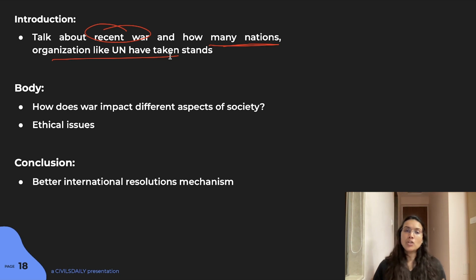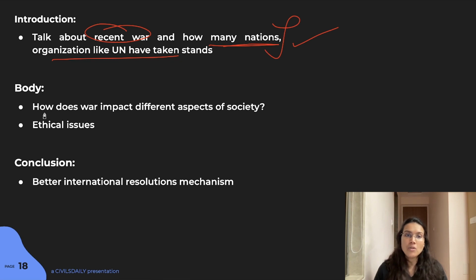Or you can talk about war in general in the introduction. You can highlight the Vietnam War, the Iran war, the Yemen crisis, and how, from past wars, we've understood that various countries take their own national interest, and ultimately how normal people get affected because of it. So in an introduction, you can give that set of examples also.